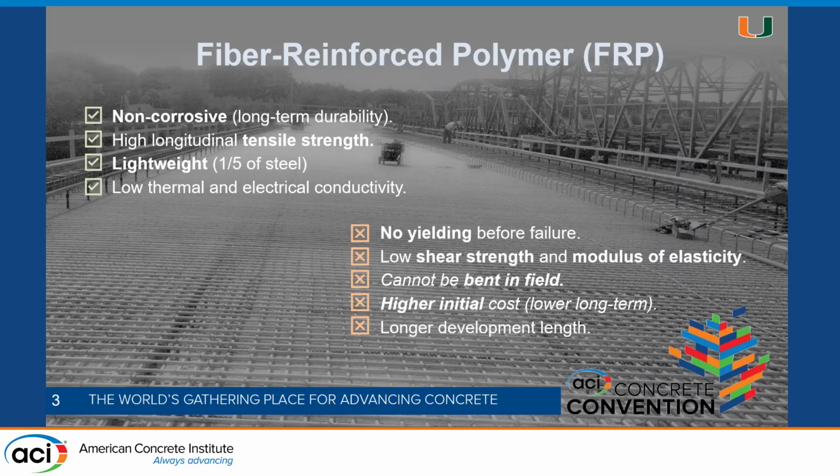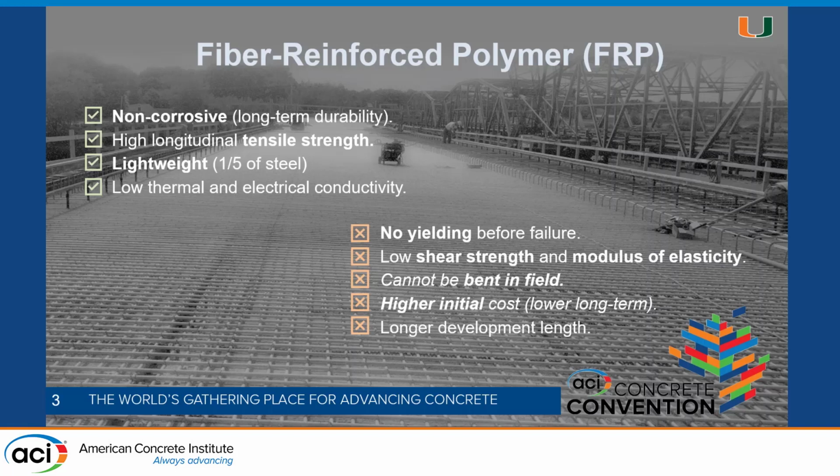Some of the disadvantages: it is a material that is elastic up to failure. So for seismic application or some specific application when you want ductility, maybe it cannot be the best solution. It has low shear strength and modulus of elasticity, so you have a higher deflection. Typically when you design a flexural element, the serviceability limit states control the design over the ultimate strength.